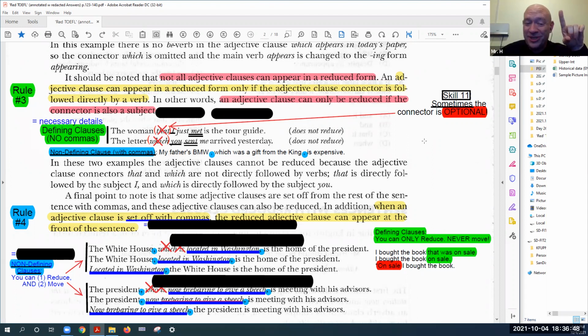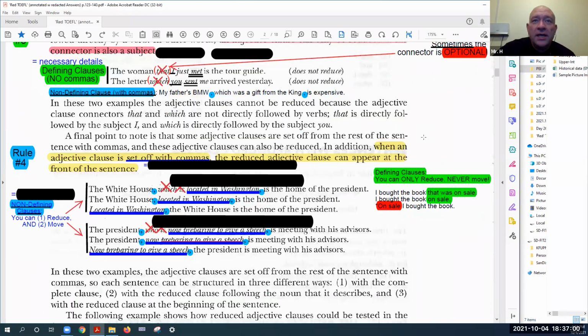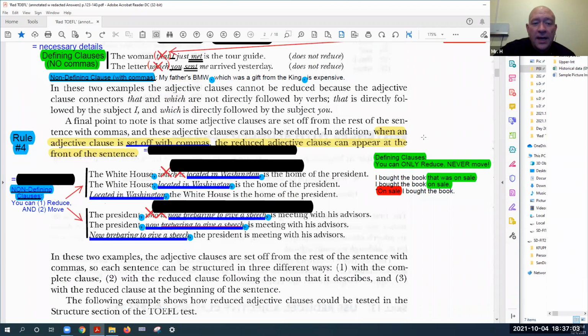In rule number 4, you will understand, I hope, how we can change a non-defining clause. So let's go down to rule number 4. Start reading from the yellow. When an adjective clause is set off with commas, what does that mean? Set off with commas.